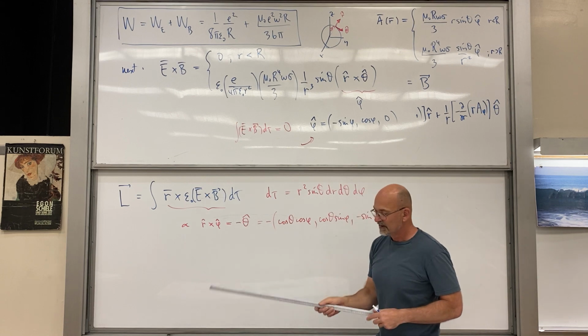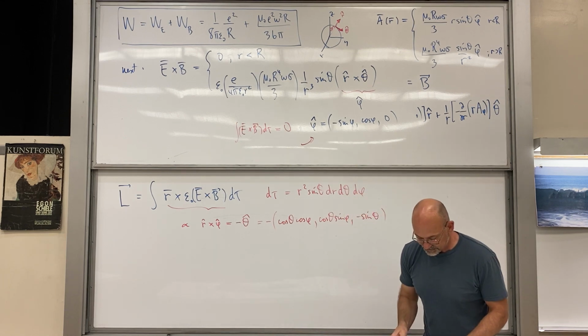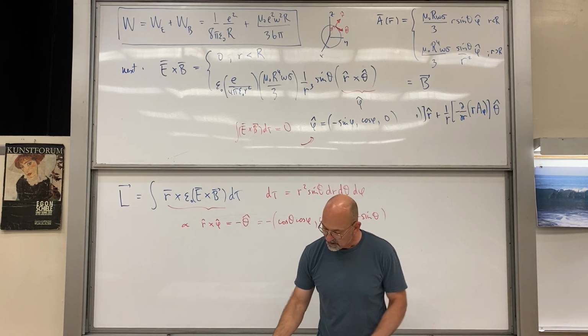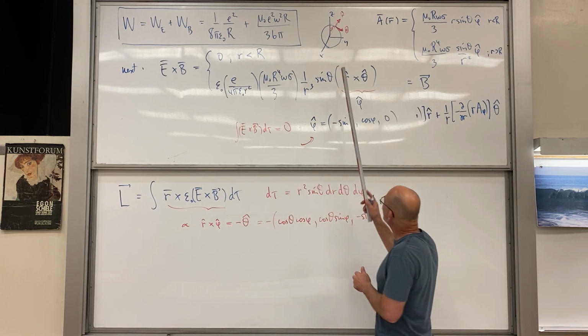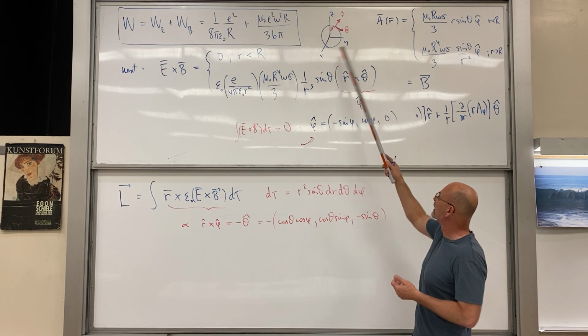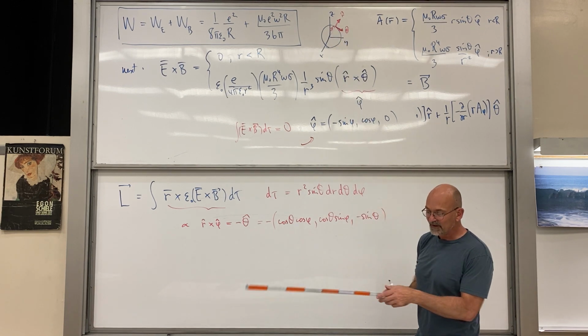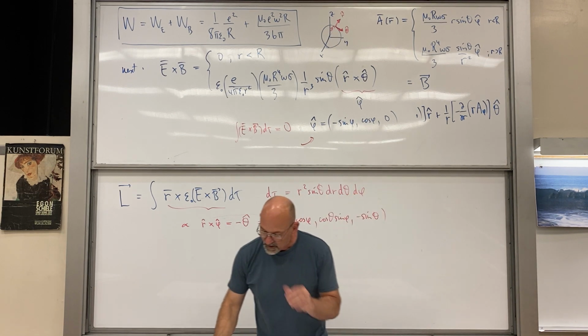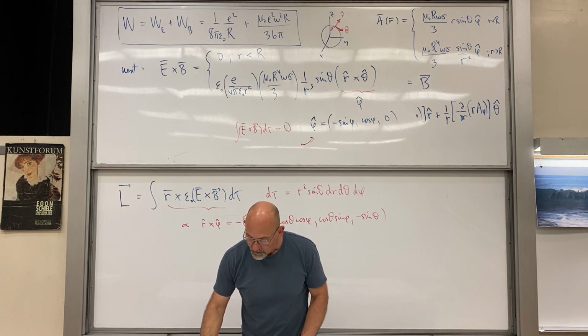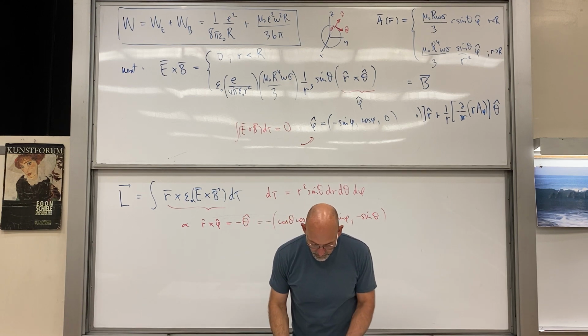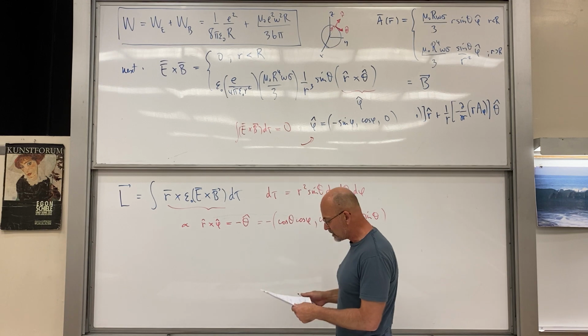Okay. So that will be our L. It'll just be in the z component as expected, right? The thing rotating that way, we expect it to just be in the z direction. So that is satisfying all requirements.